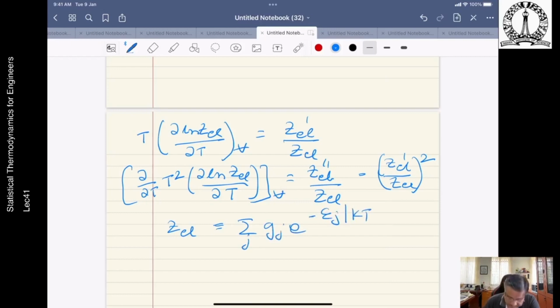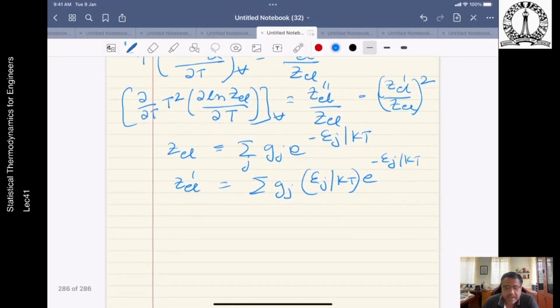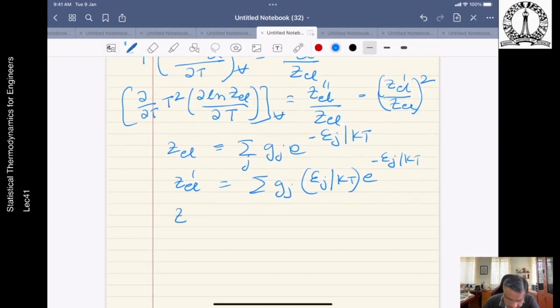So Z_EL prime is equal to this. This is the differentiation, the first one. And then, of course, we differentiate it again.